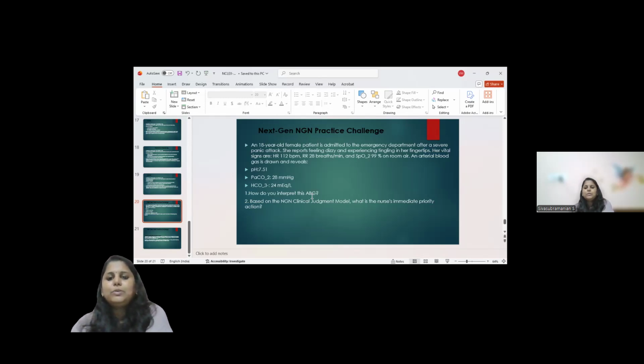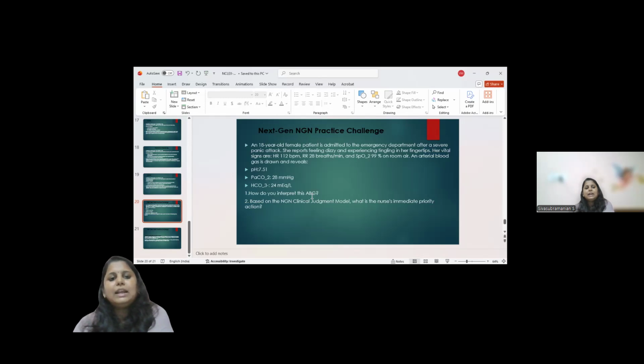Before concluding the session, I will give you one scenario with values for the ABG results. Then you interpret the ABG results and use your clinical judgment model to prioritize the nursing interventions.